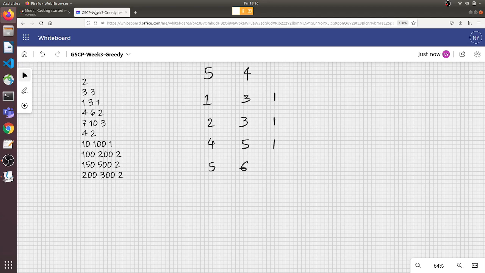I'm choosing anything randomly here, and let's just take this. So what I want is for you to work this out, and then let's see what the answer should be for this.